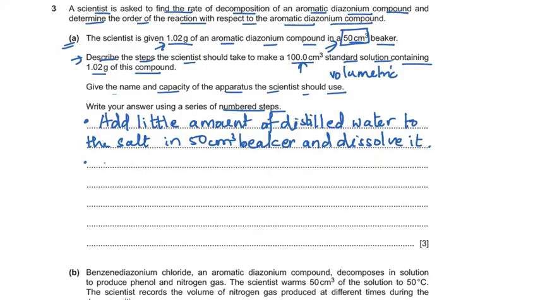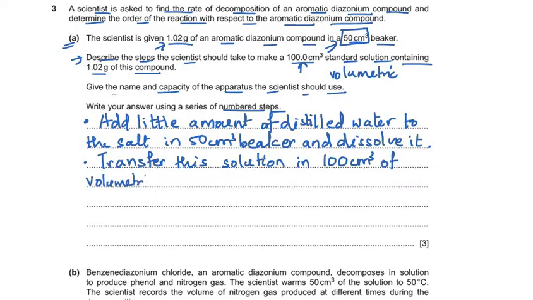What we are supposed to do is transfer the solution which we made in the first step into the 100 centimeter cube volumetric flask. We are specifying the capacity and the name of the apparatus, that is volumetric flask. Here I am also adding, along with 2-3 washings.